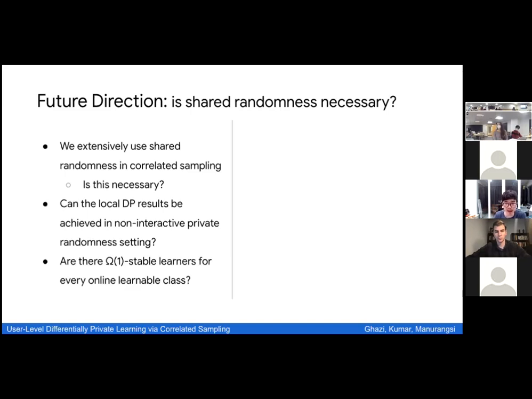Another way to formulate the problem is to ask whether you need this notion of pseudo-stability at all. Maybe just stability itself is enough. Maybe the first reduction that I showed you is already enough to get the result in this paper. If that's the case, then you just have to prove a stronger stability bound for stable learners.